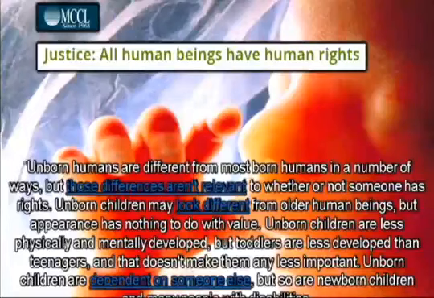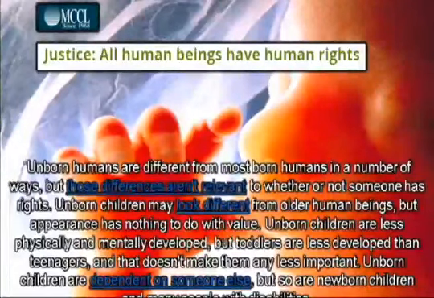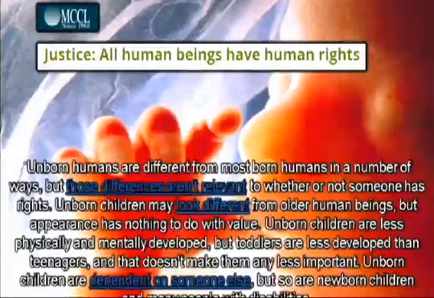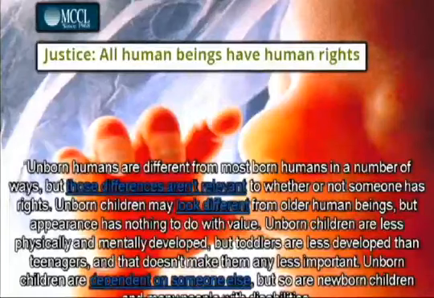Okay, now it says unborn children are dependent on someone else, but so are newborn children and many people with disabilities. Okay, do we kill them because they have disabilities? Because we have to take care of them?